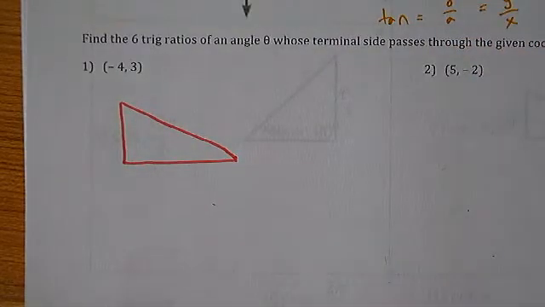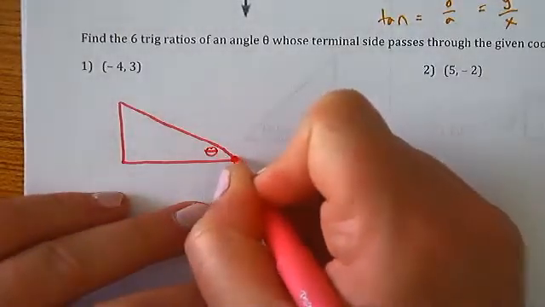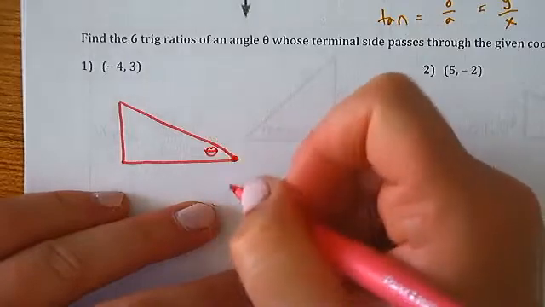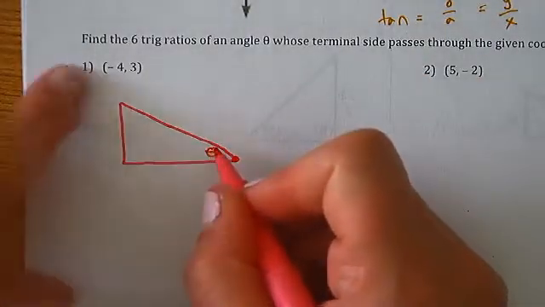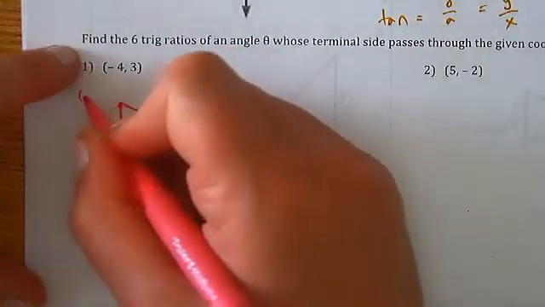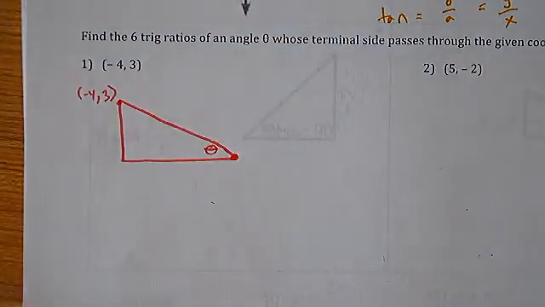Okay. So theta will always go right at the center of the circle, right there. You will always place your theta there, okay? And then here's our point, -4, 3.